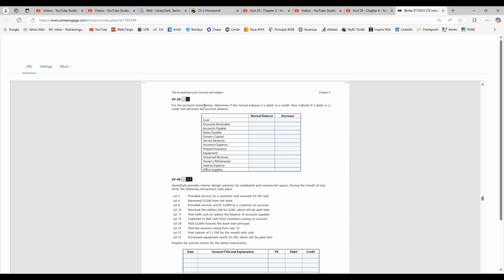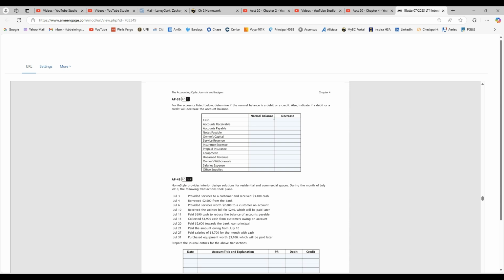So to begin AP 3B, we want to look at these accounts here, cash, accounts receivable, etc., and figure out if the normal balance is a debit or credit, and then if a debit or credit will decrease. So a couple things to keep in mind. Normal balance really speaks to the balance that an account would typically have, which is also the balance that would increase the account.